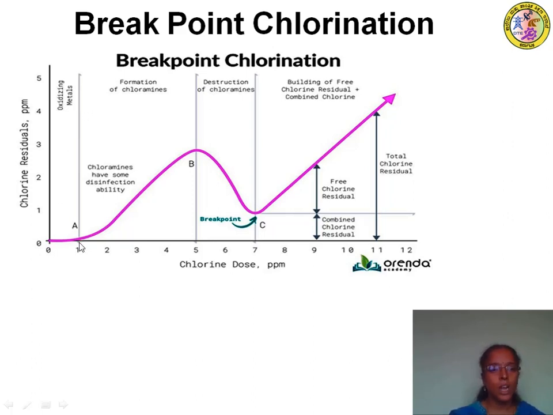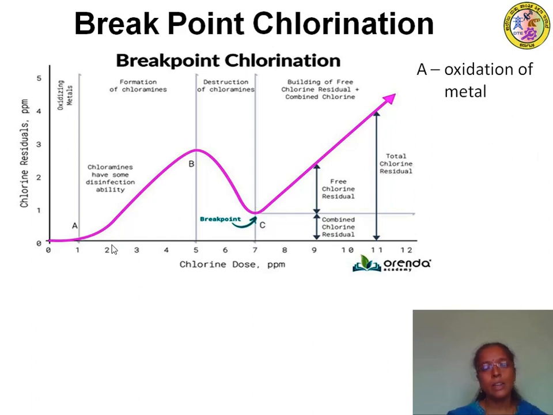So up to point A, whatever chlorine we add will be utilized for oxidation of metals. Therefore point A represents the oxidation of metals.